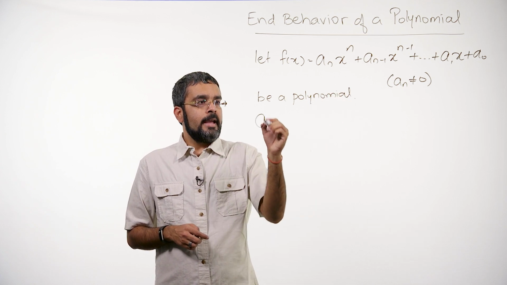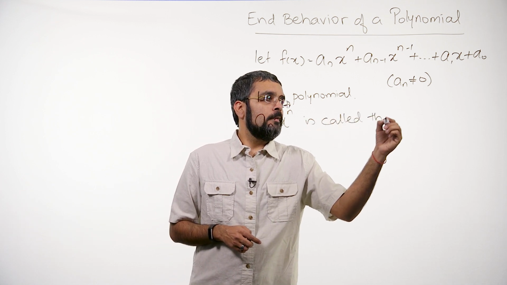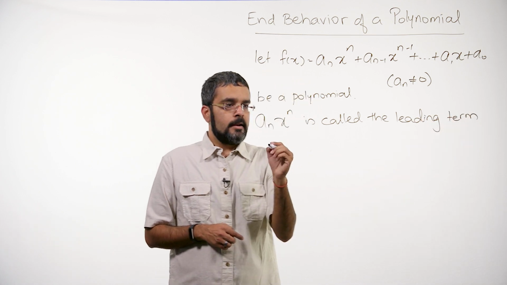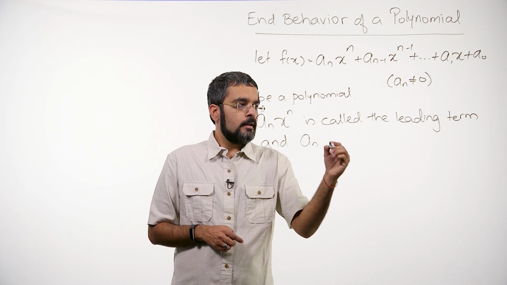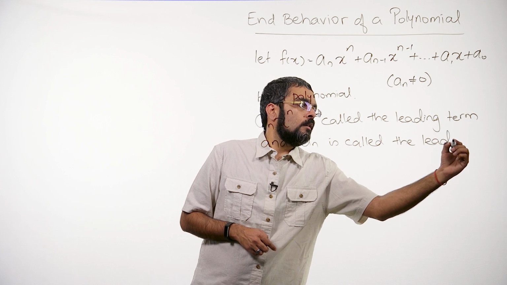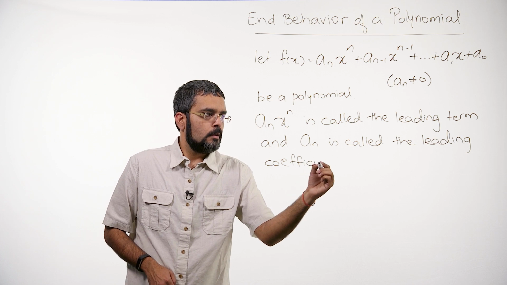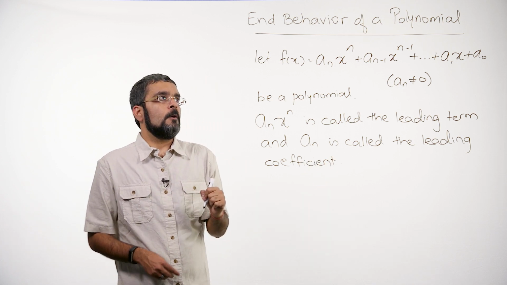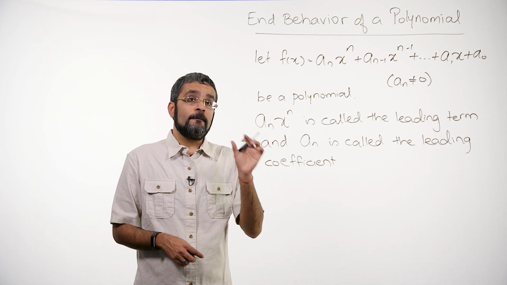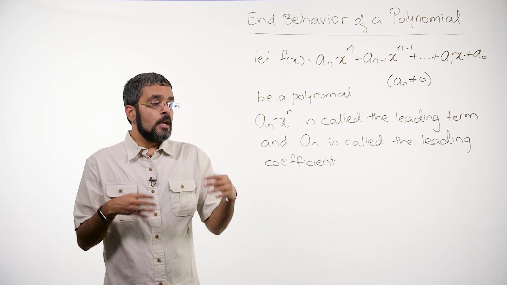Then a_n x^n is called the leading term, and a_n is called the leading coefficient. Looking at the leading term and the leading coefficient, we can figure out whether this function would go towards infinity or negative infinity.